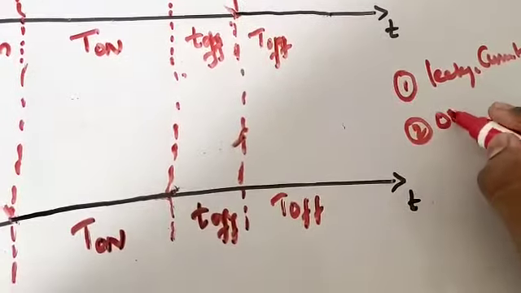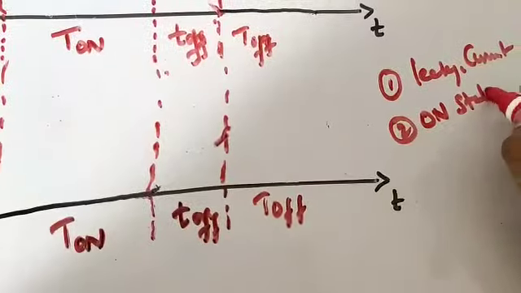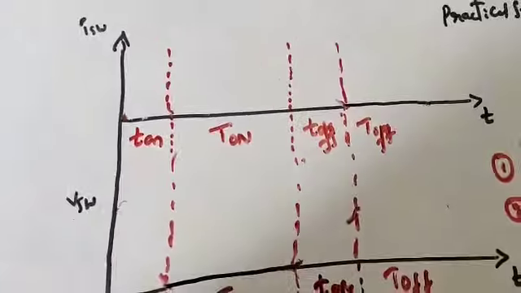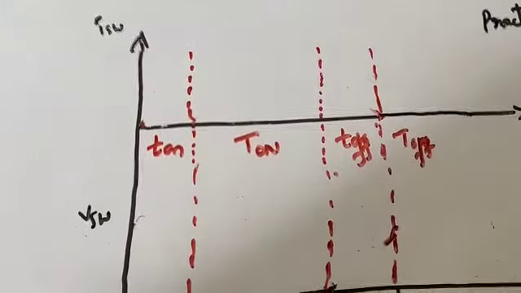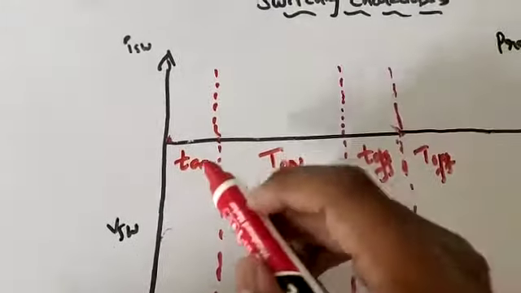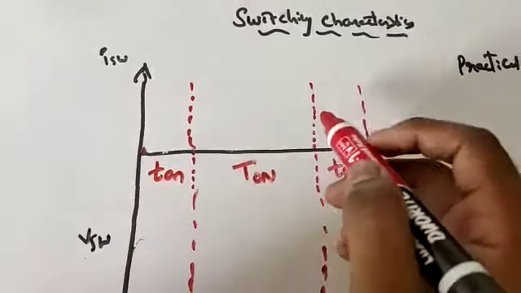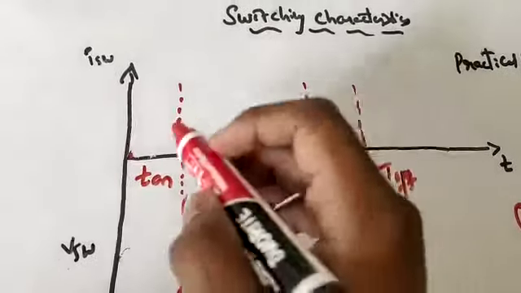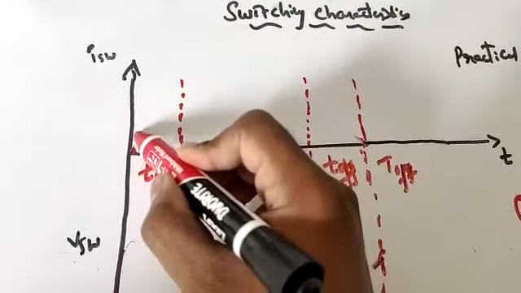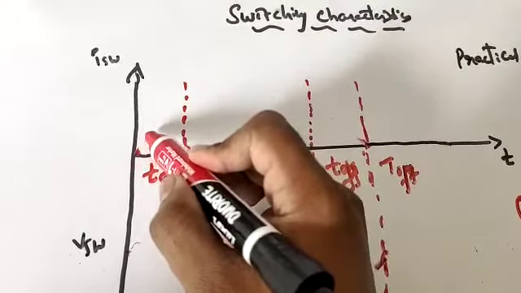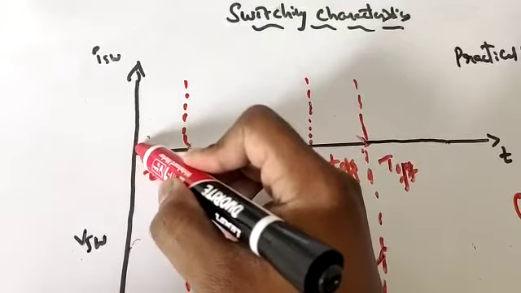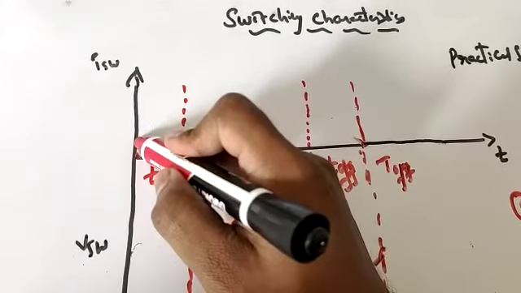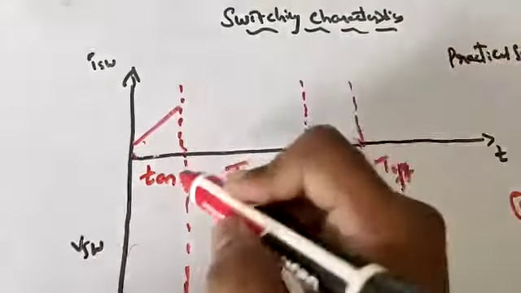So how do I draw the switching characteristics under practical switch conditions? There is some leakage current at the beginning, and that is the only reason the current does not start from zero. It starts from some value, like this.